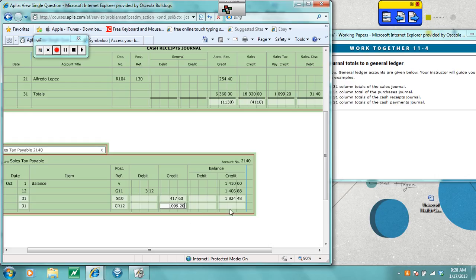Credit and a credit, you would add, they're the same, so add. So we come up with 2923.68. Take the account number, put it in parentheses.